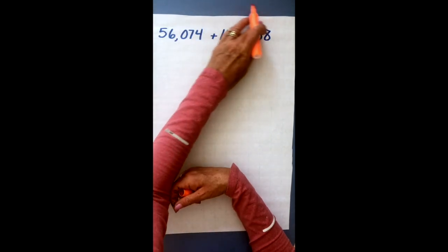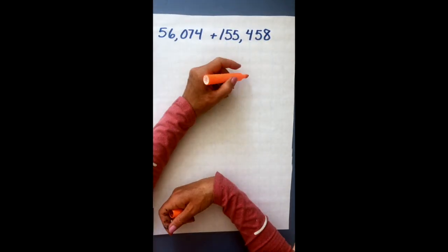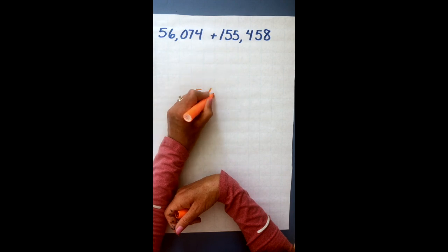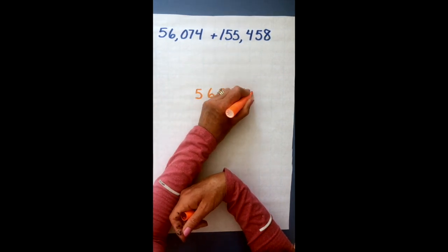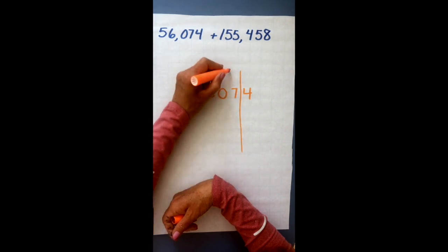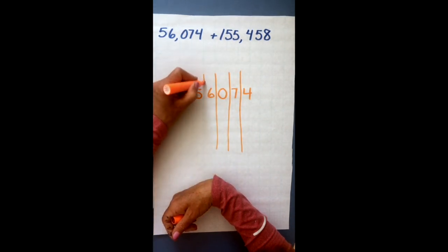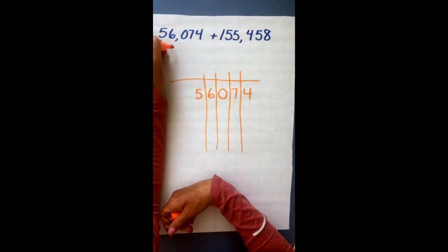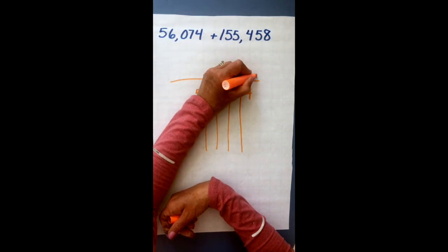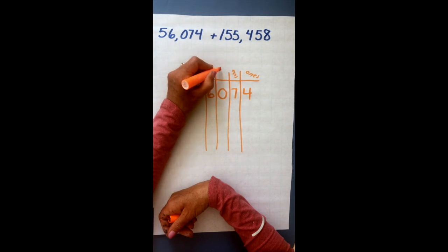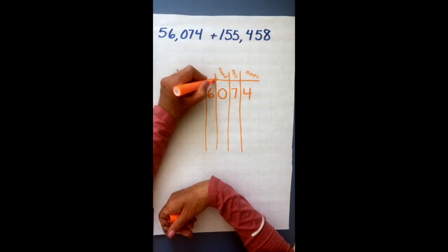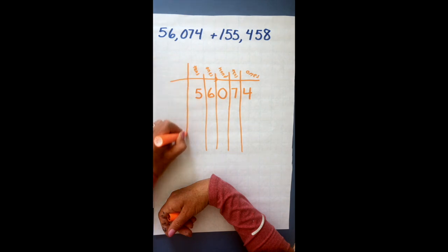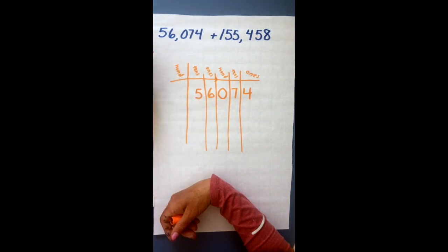But again, even though there's more digits in this number than this number, I'm still just going to write the first number, 5, 6, 0, 7, 4. I just write each digit, and then I write my place value chart. Okay. And I know this is starting to get more advanced, so what I'm going to do is put ones, tens, hundreds, and then I put a comma, and then I do ones, tens, and then hundreds, and then I divide them up into periods.